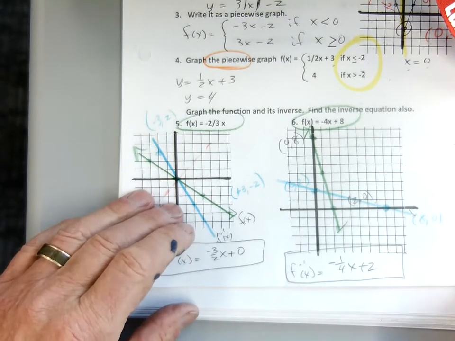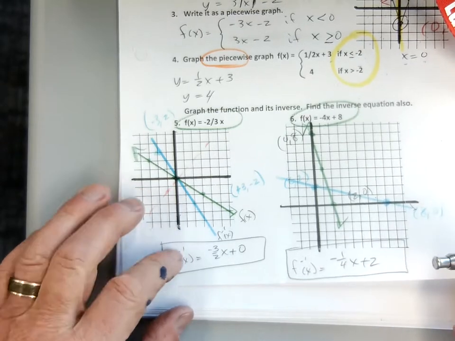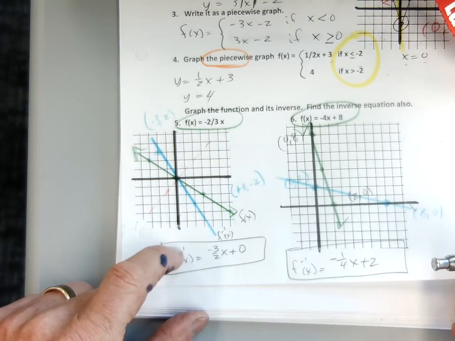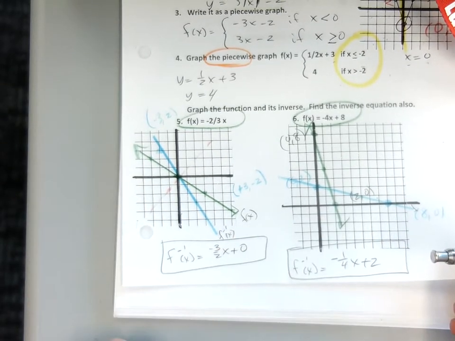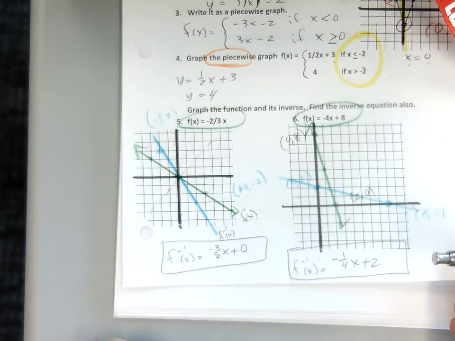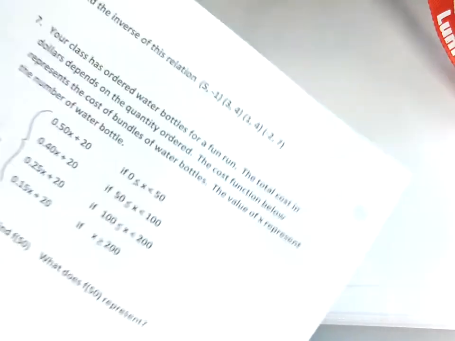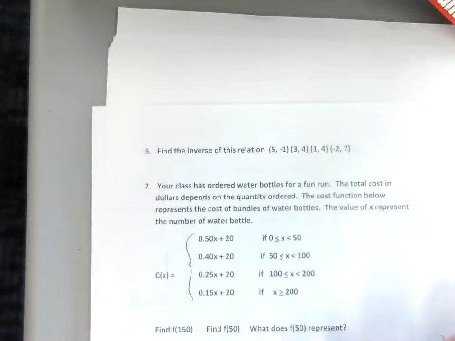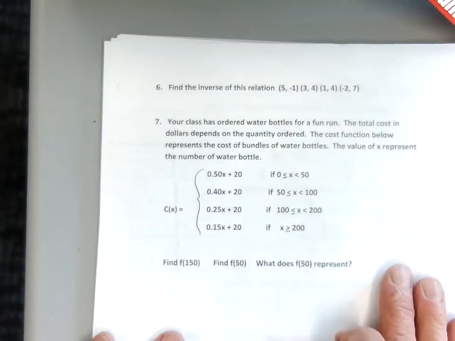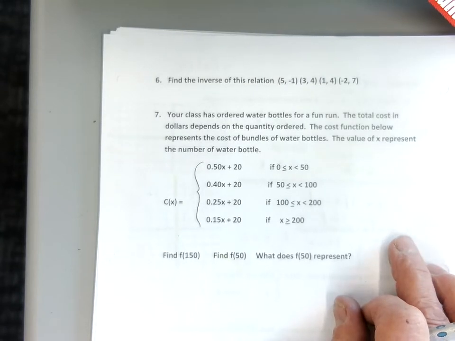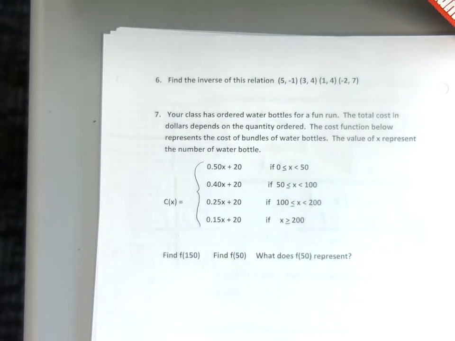Okay, ready? I'm going to turn the page in a second. Here we go. Okay, easiest question on the test. If you miss this, I'm going to be so sad for you. So sad. All right, what do you think? Inverse.